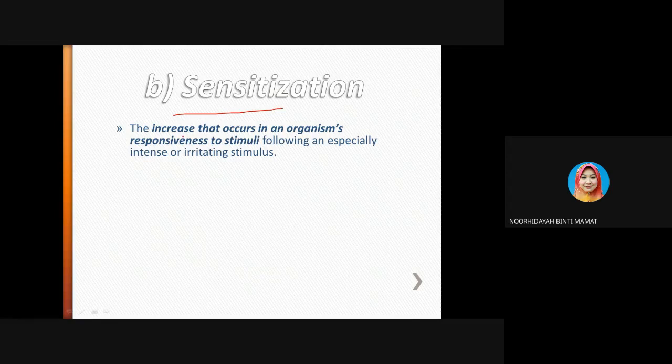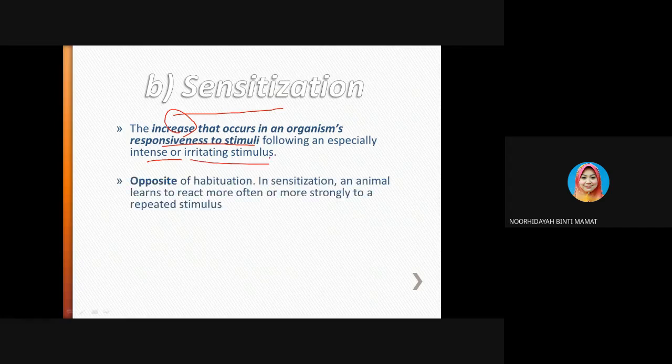Sensitization is the increase that occurs in an organism's responsiveness to stimuli following an especially intense or irritating stimulus. Sensitization is the opposite of habituation.